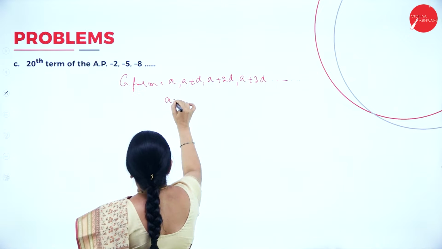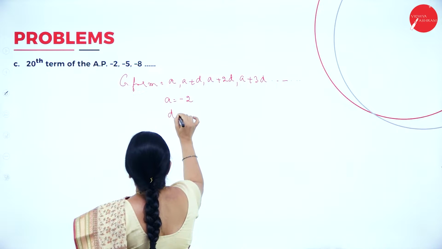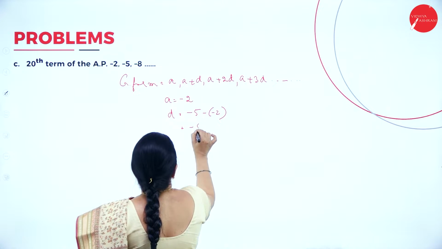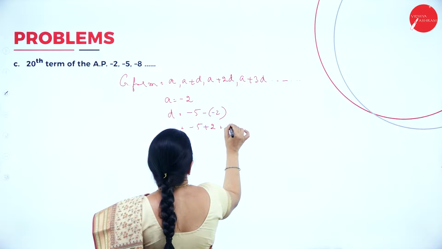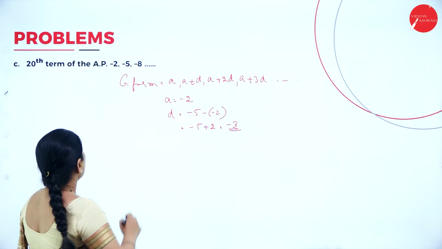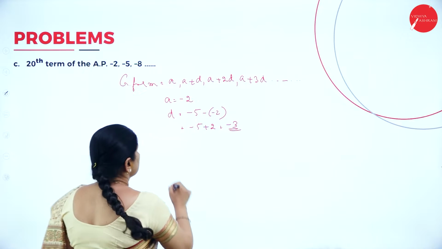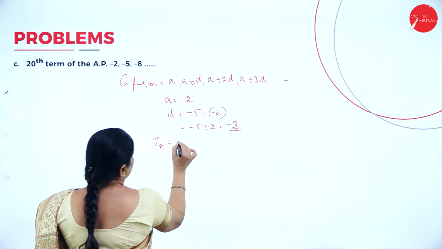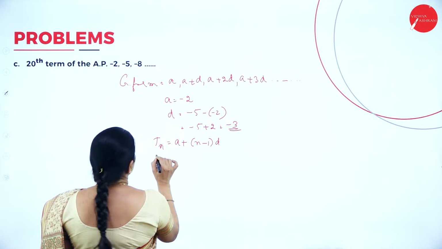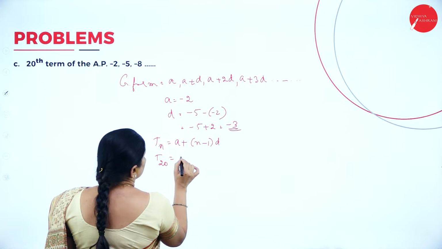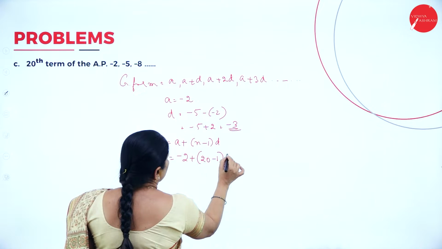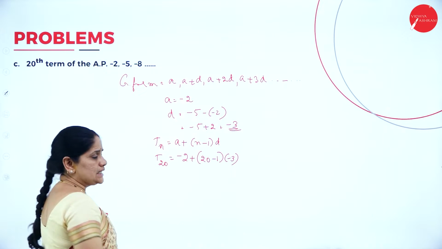Now, A equals minus 2, D will be equal to minus 5 minus of minus 2. So, minus 5 plus 2, that is minus 3. So, D equals minus 3. Now, we have to find the 20th term. So, Tn equals A plus n minus 1 into D. T20 equals minus 2 plus 20 minus 1 into minus 3.